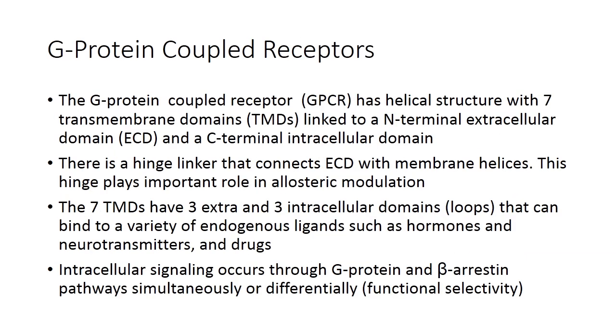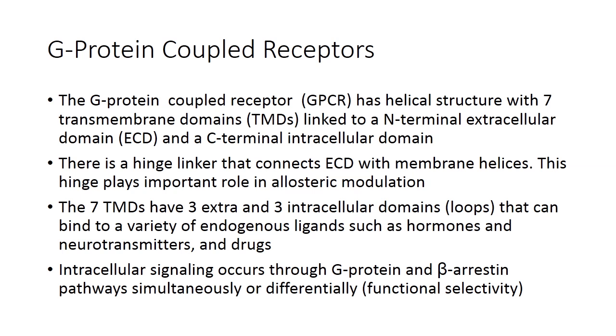As we all know, G-protein coupled receptors are helical, several transmembrane structures having outer domains and inner domains, with the N-terminal extracellularly and the C-terminal intracellularly. There is a hinge linker that connects the extracellular domain with the membrane helices. This hinge also plays a role in agonist binding and allosteric modulation.